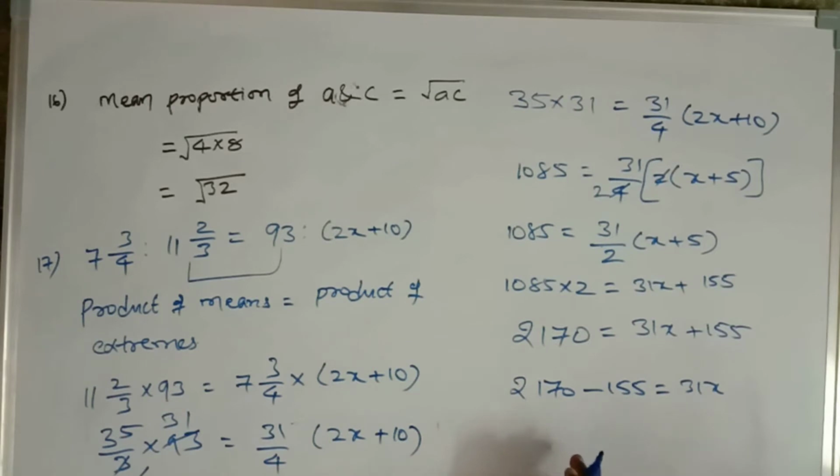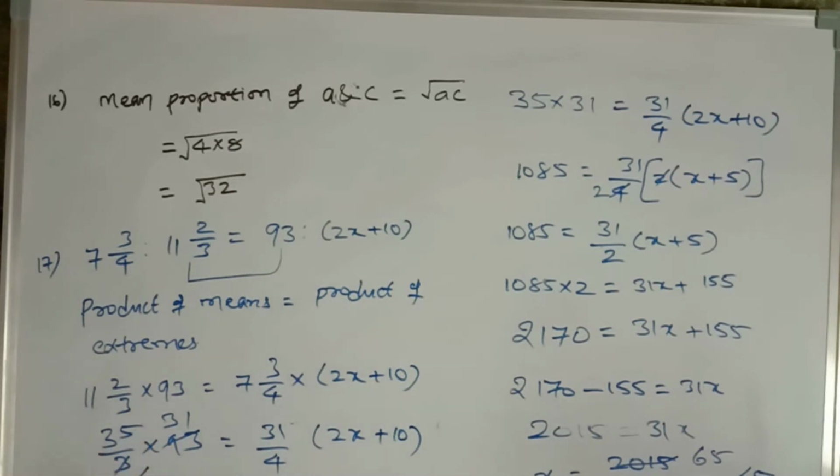So 2015 is equal to 31x. Now x is equal to 2015 by 31. So the answer is 65. Okay. 31 ones are 31, 65. That's equal to 65. So therefore x is equal to 65.